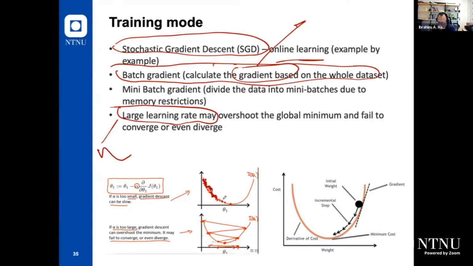It will take too much time until you reach the minimum, so it's slow but sure. You will be able to reach this point. If the learning rate is very high, what will happen? It might oscillate and overshoot your solution. It will keep overshooting and will not be able to converge to the global minimum.